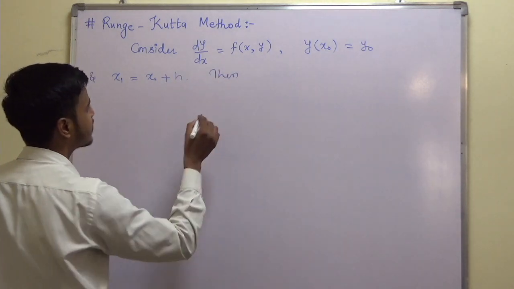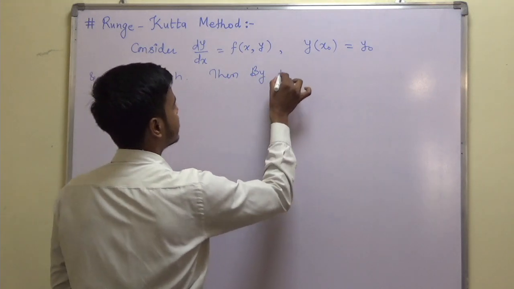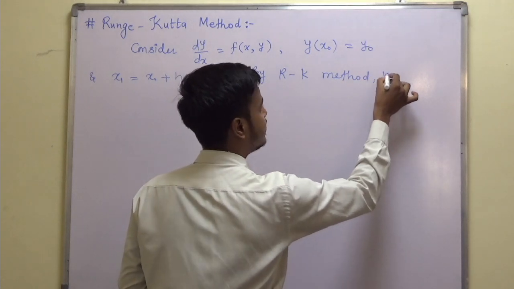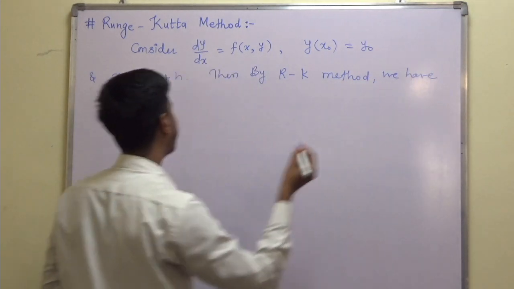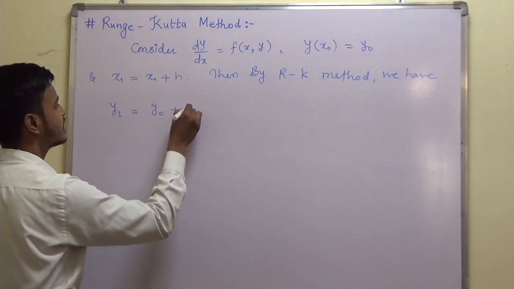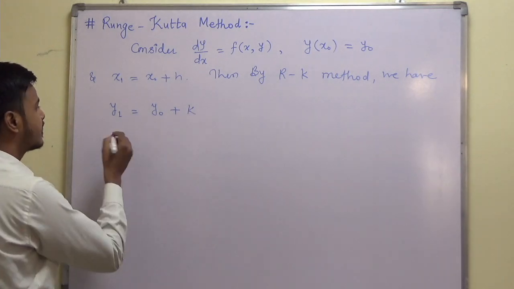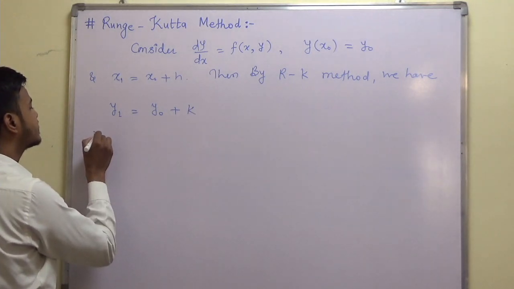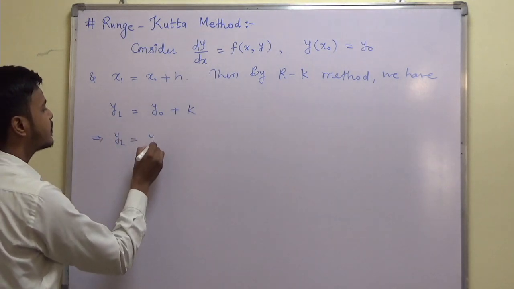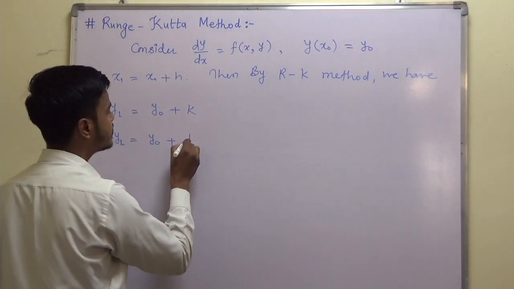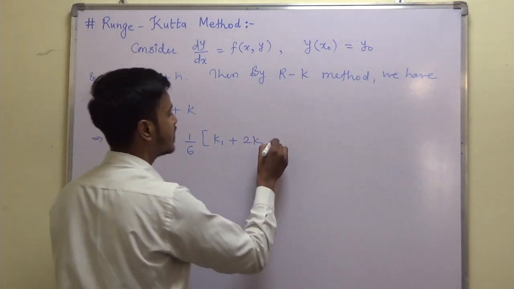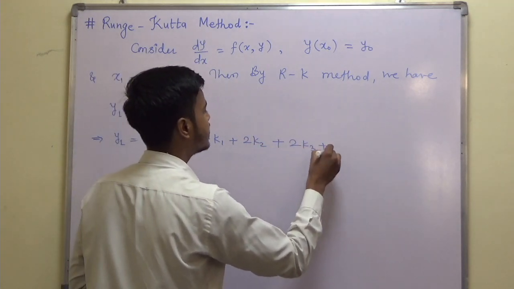Then by the RK method we have y1 is equal to y0 plus k, where k is 1 by 6 times (k1 plus 2k2 plus 2k3 plus k4).